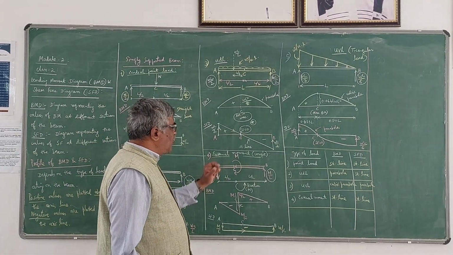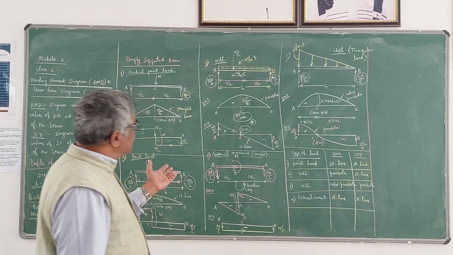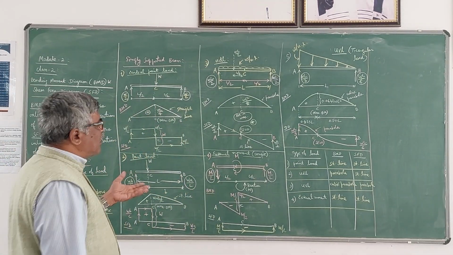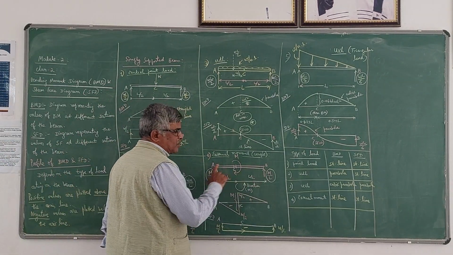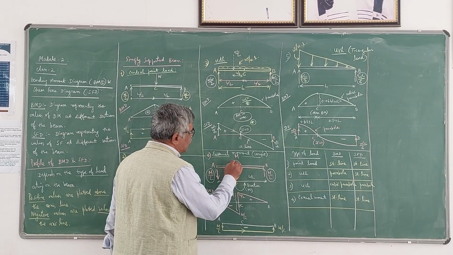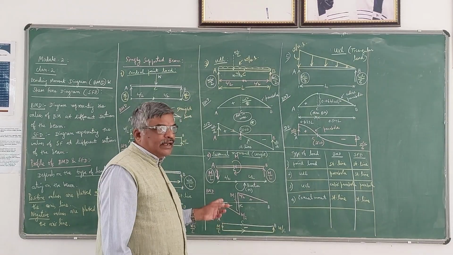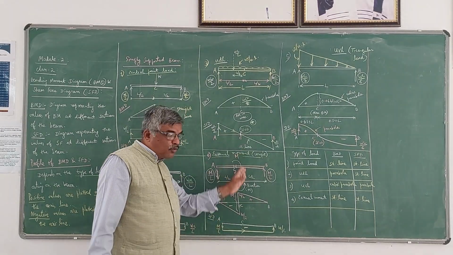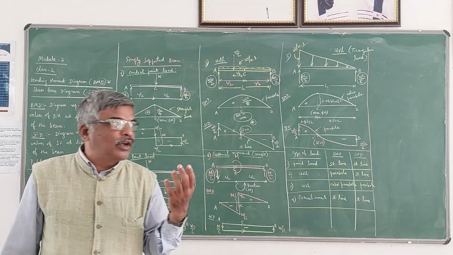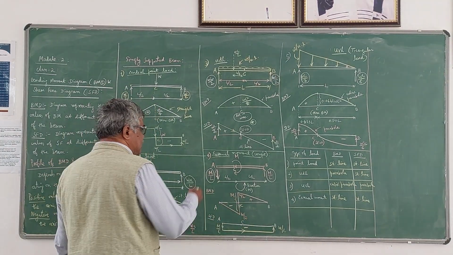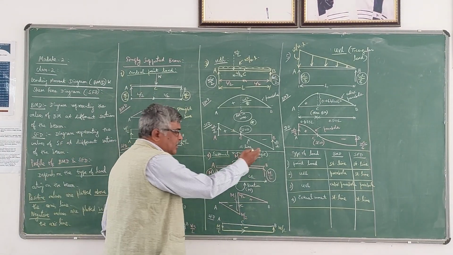Now coming to the fourth case, it is the external moment. Suppose a couple is acting on the simply supported beam. Depending on whether it is a clockwise or anti-clockwise couple, the reactions are calculated. Here, since there is no external force acting, and it is subjected only to a couple, one reaction acts upwards and another reaction acts downwards.